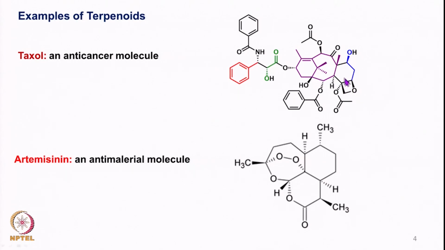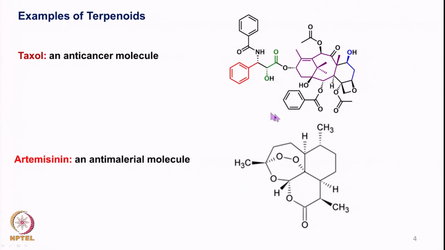As you can see, there are 3 rings here, the fourth one is an oxygen containing ring, and of course we have a side chain here. This particular molecule has a number of asymmetric centers. This also has a side chain which has 2 asymmetric centers.